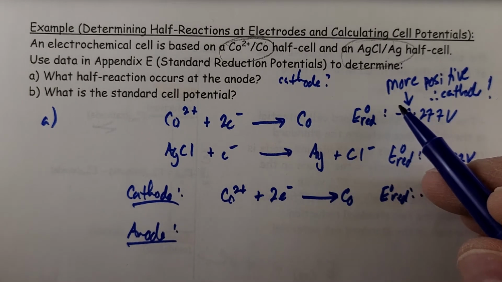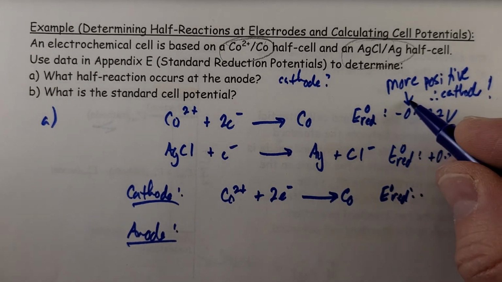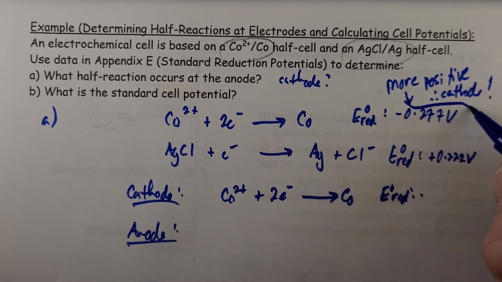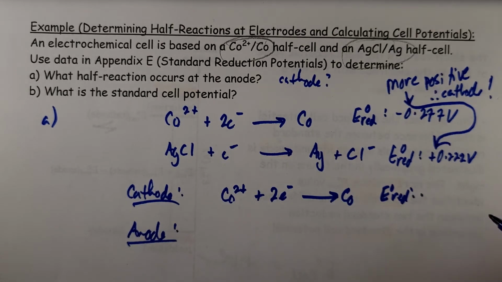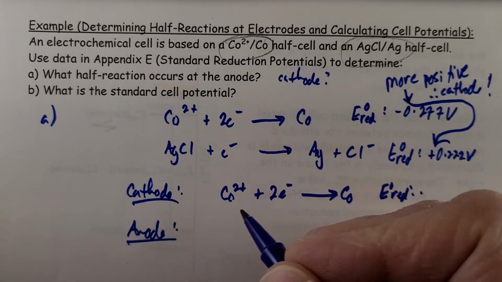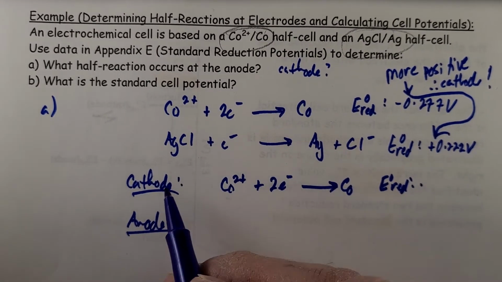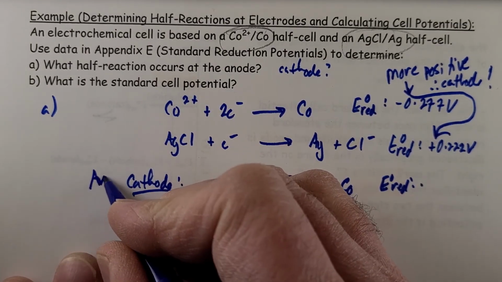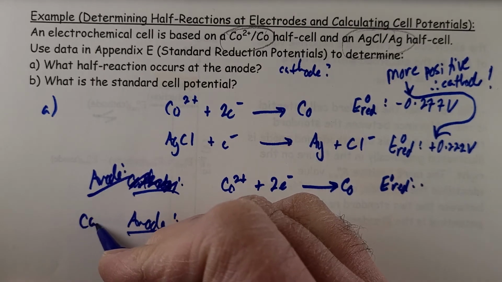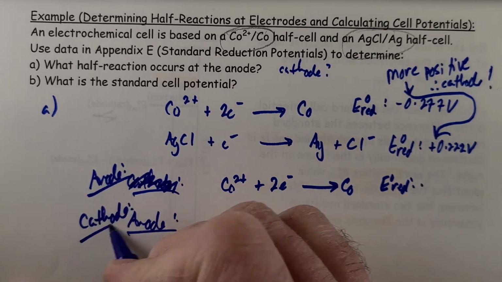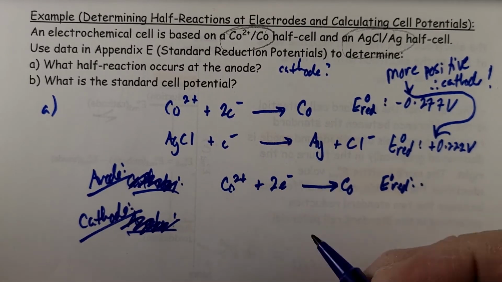Yes, for some reason I thought that was a positive. So that is not the cathode. Without making a big mess here, let's just change this to anode. Hopefully you caught that as I was doing it and said, hey, you made a mistake. Second time I did that.